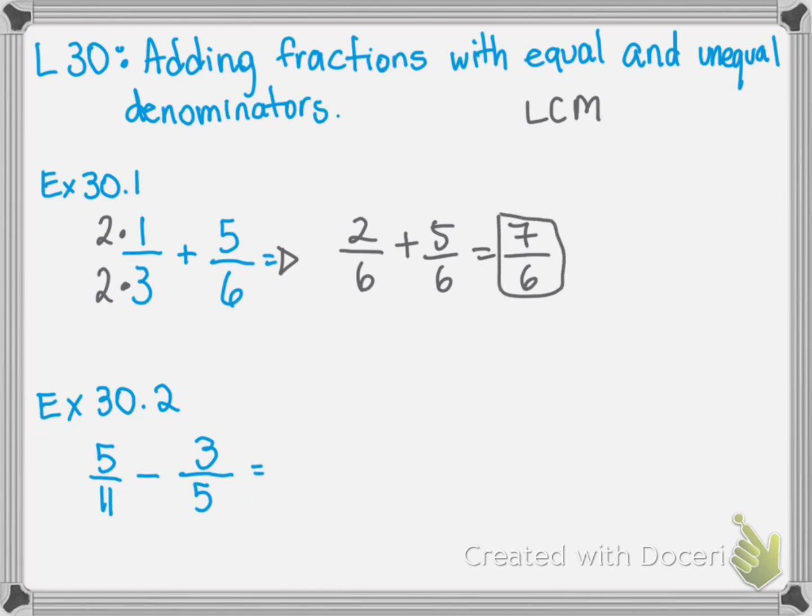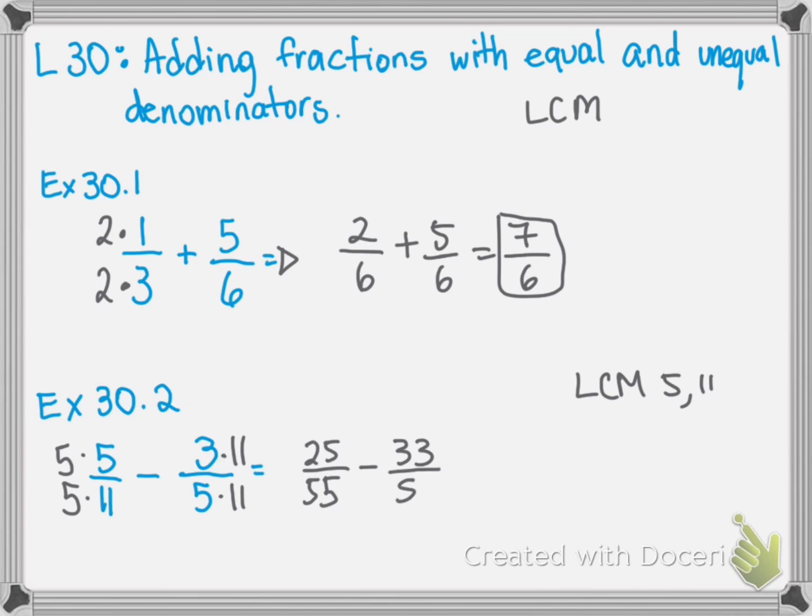Now, if I have to find the LCM for 5 and 11, they don't have anything in common, so we just have to multiply them with each other. So the 5, I have to multiply times 11, both on the top and on the bottom. And also the 11, I would have to multiply times 5, both on the bottom and the top. So the new fractions would be 25/55 minus 33/55.